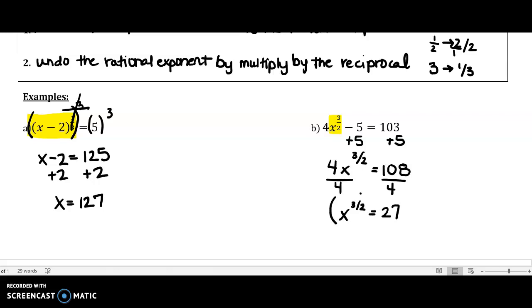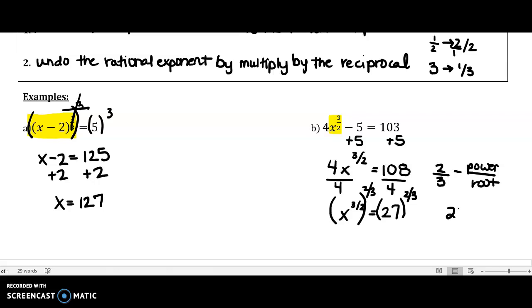Now that highlighted portion, the x to the 3/2, is isolated. So I need to undo it by raising it to the reciprocal. The reciprocal of 3/2 is 2/3. Got to do it to both sides. So what does that mean, raising something to a rational exponent? Remember that a rational exponent is power over the root.